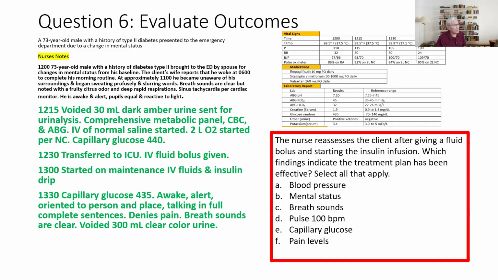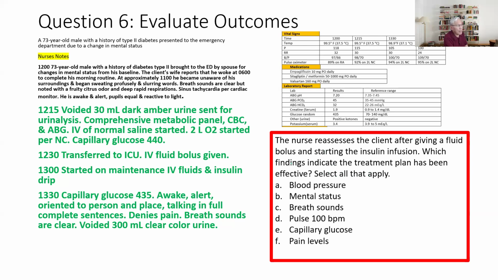So this has something to do with the next question. The nurse reassesses the client after giving a fluid bolus and starting the insulin infusion. Which findings indicate the treatment plan has been effective? Select all that apply.